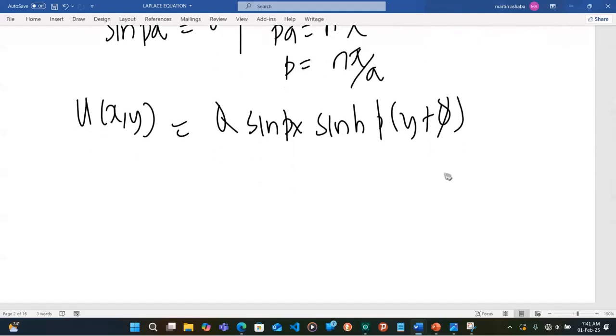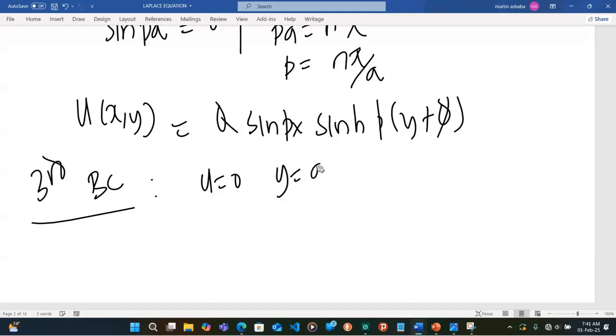So let's substitute in another boundary condition. Why are we doing this? We are just going to substitute in our n pi out of a later on, but let's keep p to make our equation simplified. So the third boundary condition that we are going to put, we know that u is equal to 0 when y is equal to b.